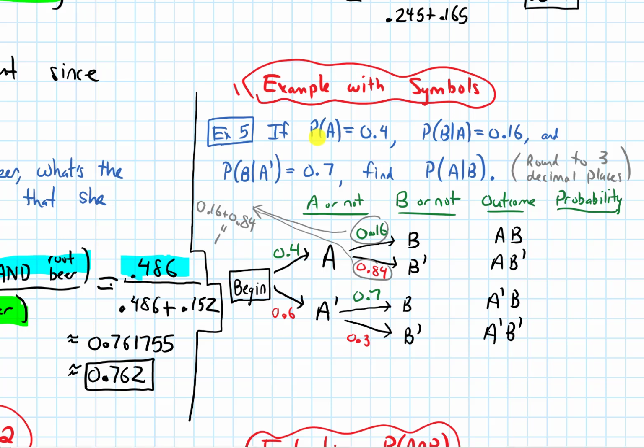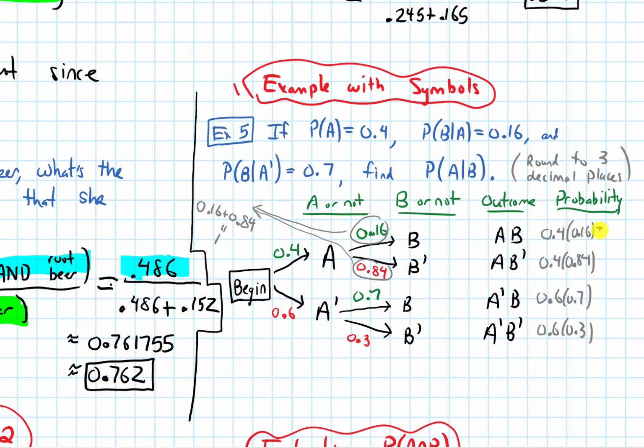So we're going to get 0.4 times 0.16, and then 0.4 times 0.84, and then 0.6 times 0.7, and then 0.6 times 0.3.